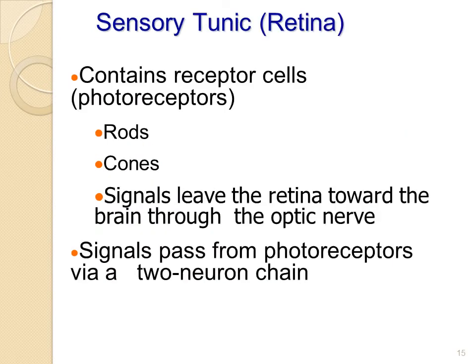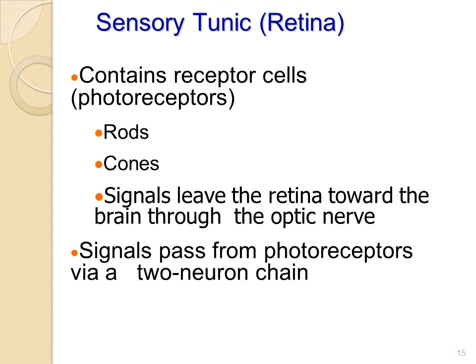The sensory tunic, which includes the retina, contains receptor cells. This is very important because it contains the sensory receptors, the photoreceptors, which include the rods and the cones.